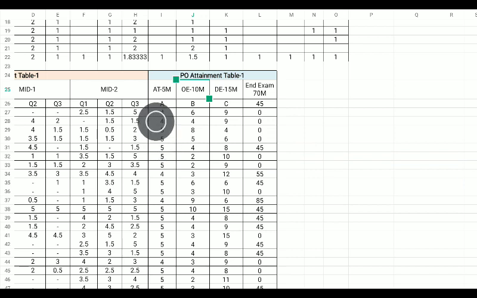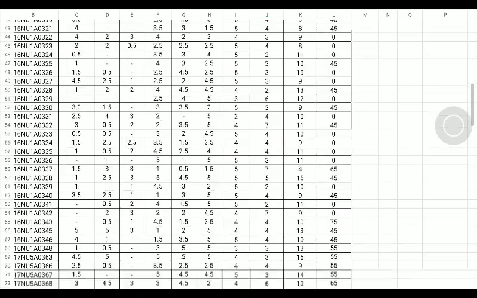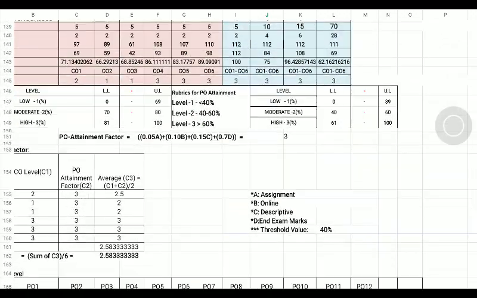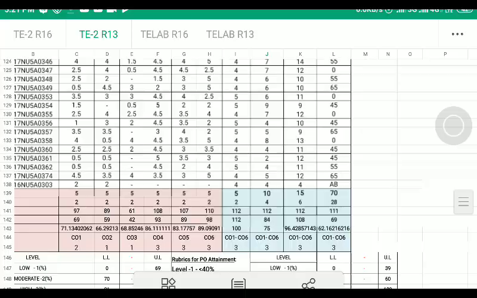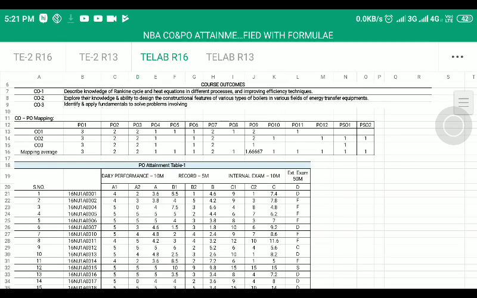Okay, so those are assignment, online and descriptive exam. You can take directly any one mid, which is best. Okay, so this is also a direct formula, it will be calculated directly, and this is for R16 lab.